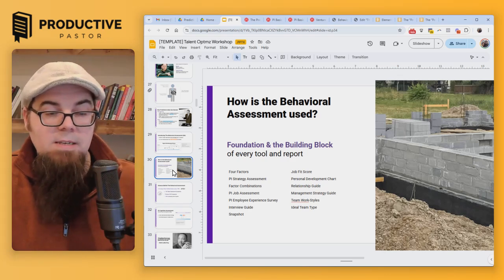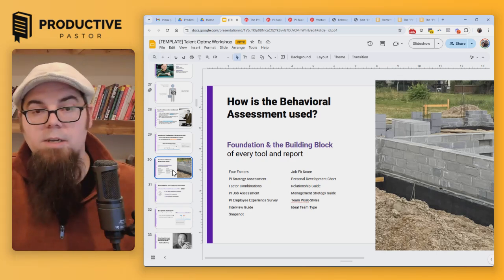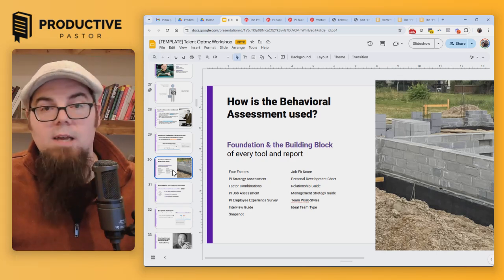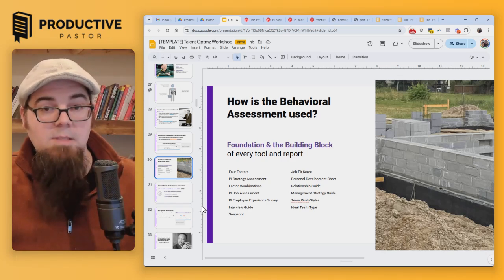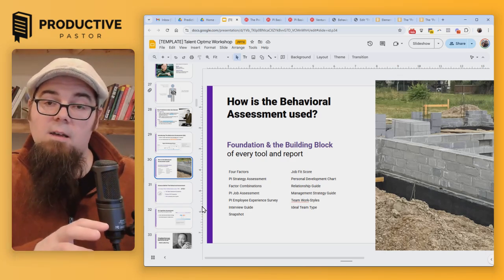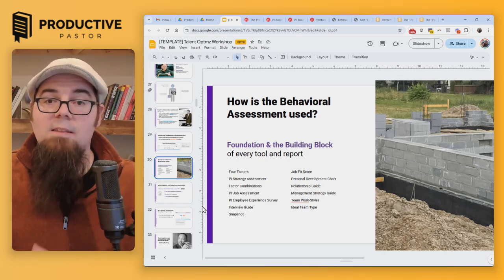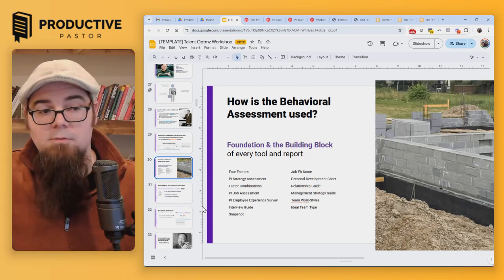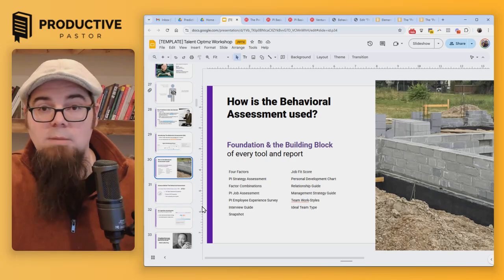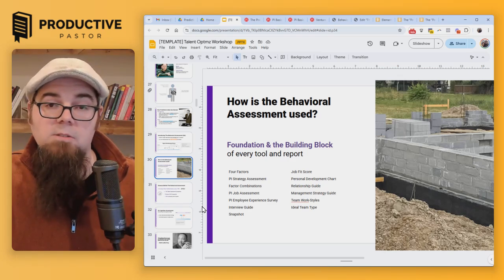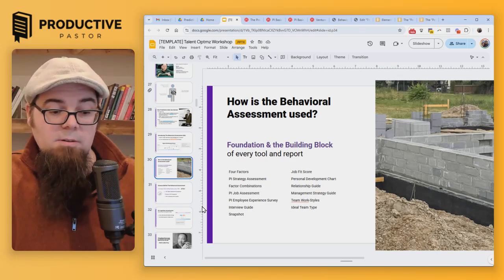The Predictive Index, this behavioral assessment, is really just like cinder blocks or bricks that we use to build a lot of really cool things. So whether that's team strategies, team types, in the same way that people have profiles, you can get a group of people together and they will have a profile as well that's different than the 17 profiles, but you can get team profiles. You can build the dream teams by saying what types of profiles do we need to get XYZ done for this particular reason.